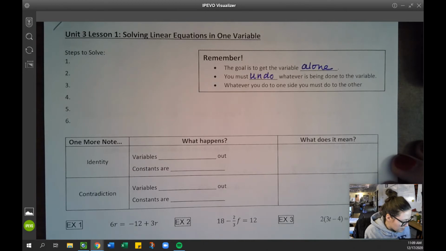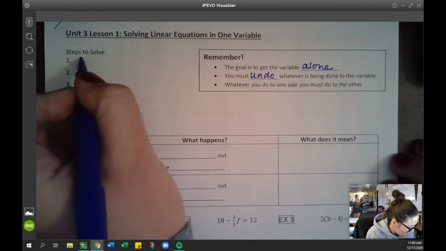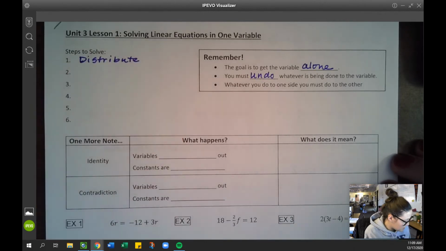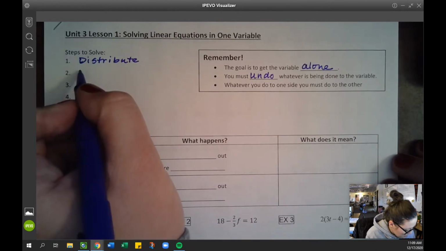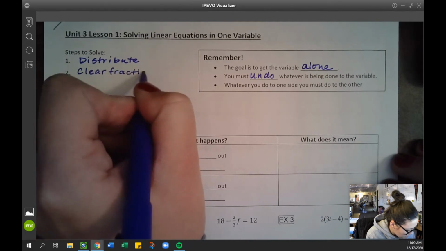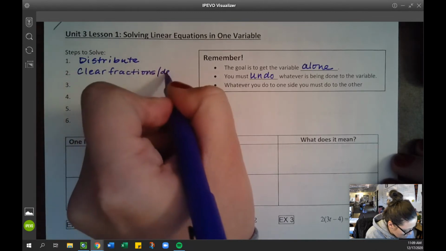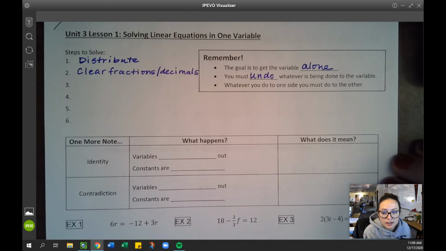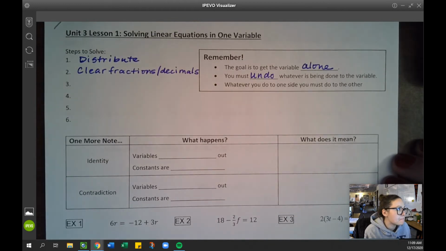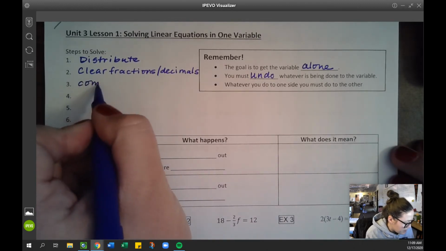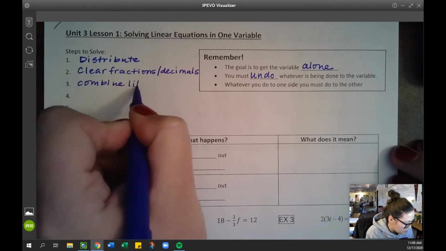So, steps to solve. First, distribute. If it's possible to distribute, we're going to distribute. Second is to clear fractions or decimals. And we'll show you how to do that once we get to some examples here. Step 3 is combine like terms.